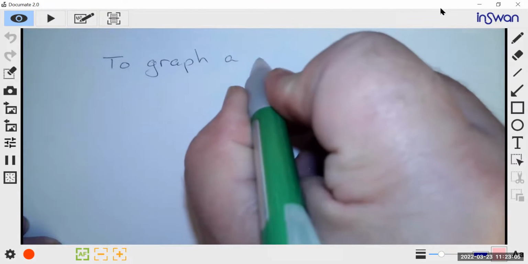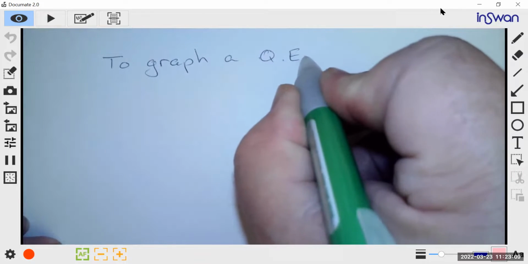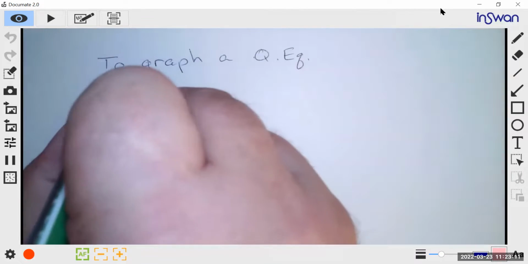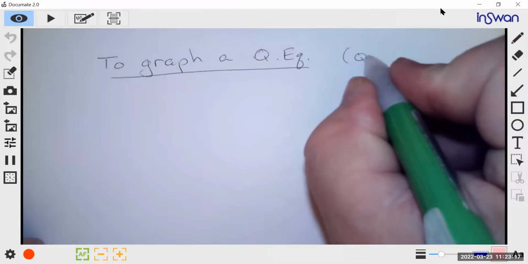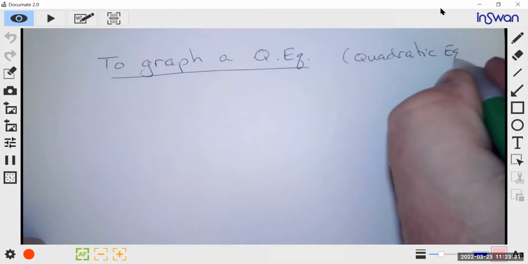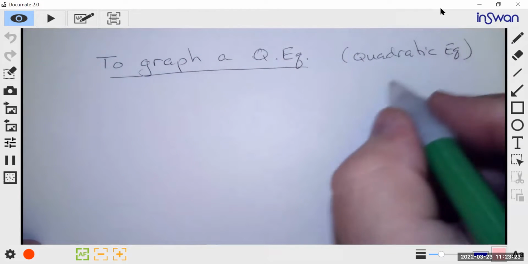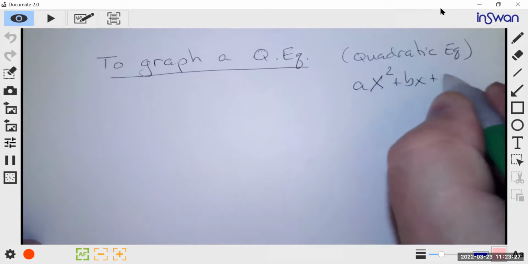To graph, let's try with quadratic equations first. To graph a quadratic equation, remember a quadratic equation looks like this.